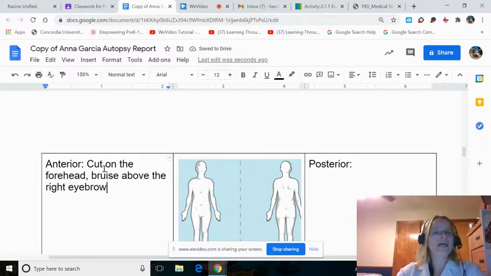I told you 3 more times, so now 2 more times. And if we were in class and you had this in person, you would shade on the body outline where the injuries were. Posterior, the back of her body, there were no injuries evident.